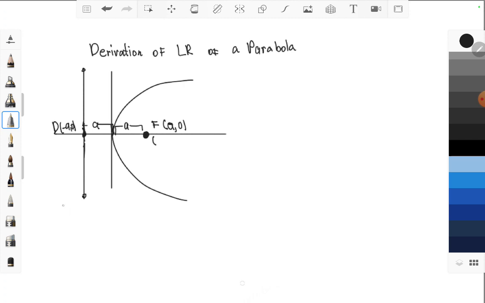From here we'll have x is equal to negative A, so x plus A is equal to 0 will be the equation of the directrix.